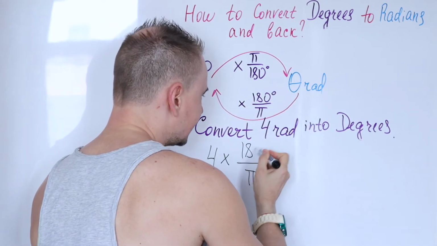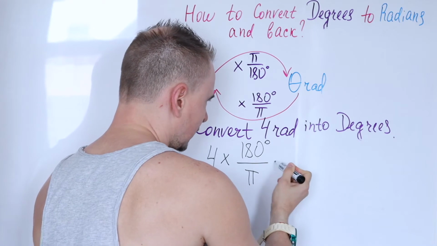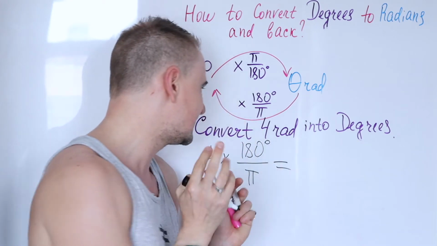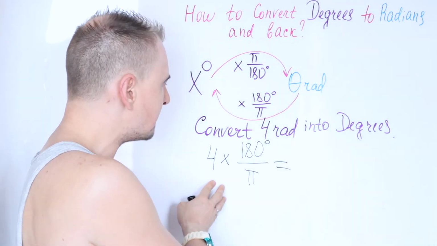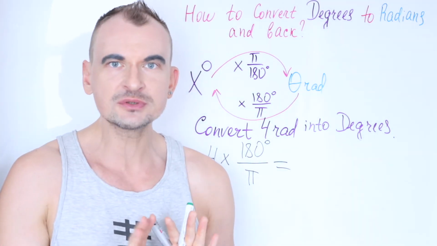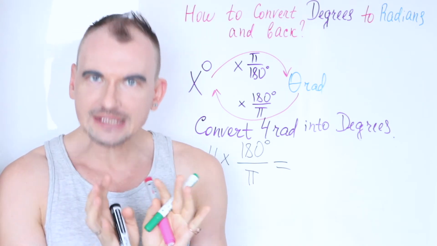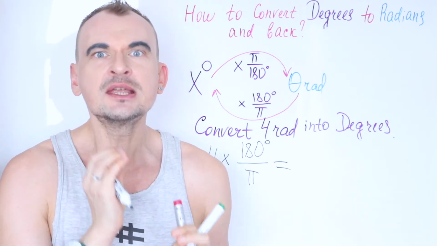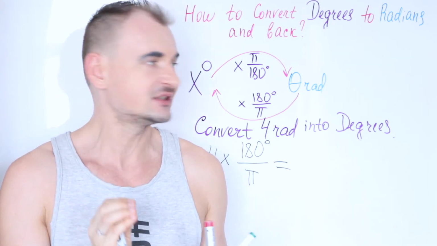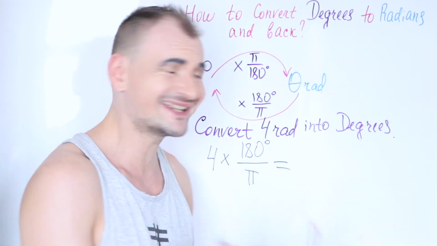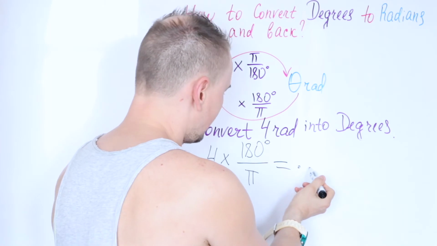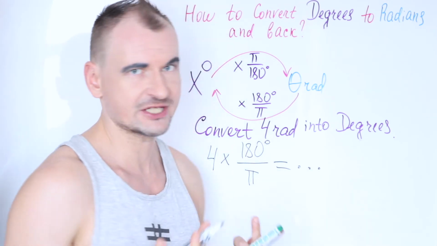And your 180 degrees goes on top. That's a little bit different from before, since there is no pi in your number. But all you do is plug it into your calculator, and whatever decimal you get is going to be your degree number for that 4 radians.